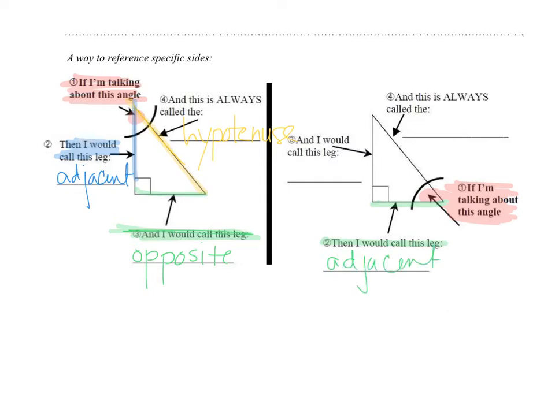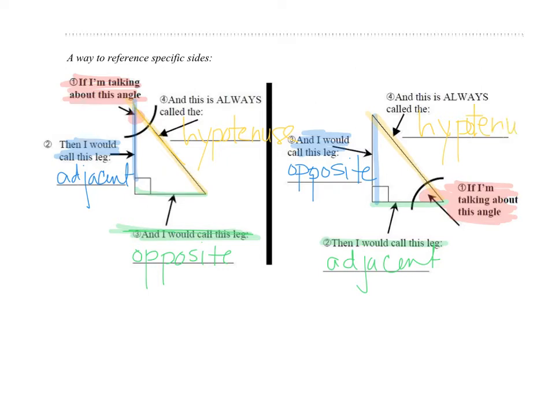It's right next to that angle that I'm talking about. Continuing around my circle, I'm going to call this leg the opposite one. And then finally, we're going to call this one, as always, the hypotenuse. That one doesn't change.